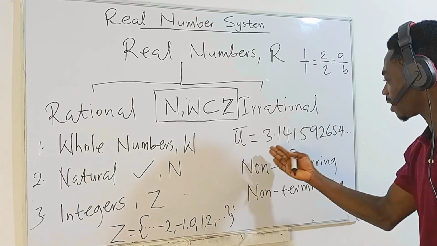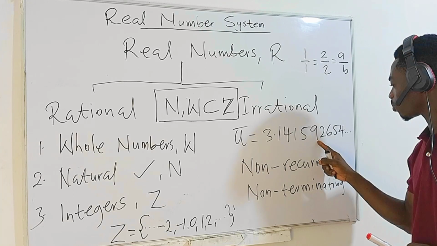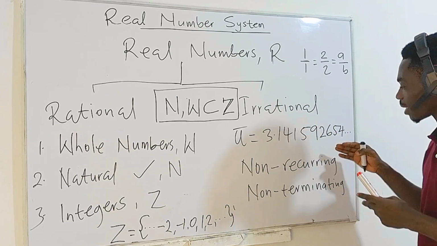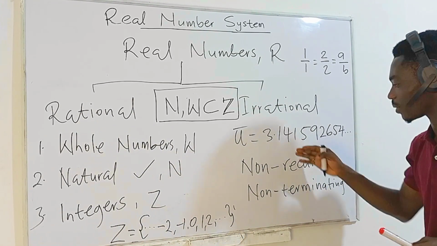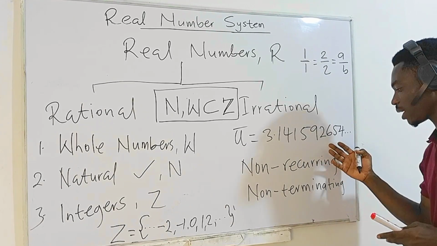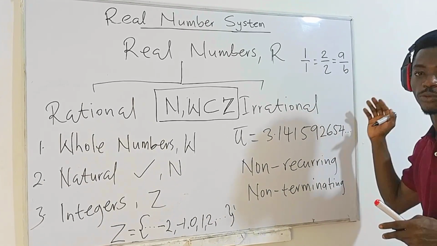Now let's consider the digits for pi. We have 3.141592654, then it keeps on going forever. We can see that with all these digits, there is nothing like recurring, right? None of them is recurring. Then it is also not terminating. It doesn't end. It keeps on going forever.